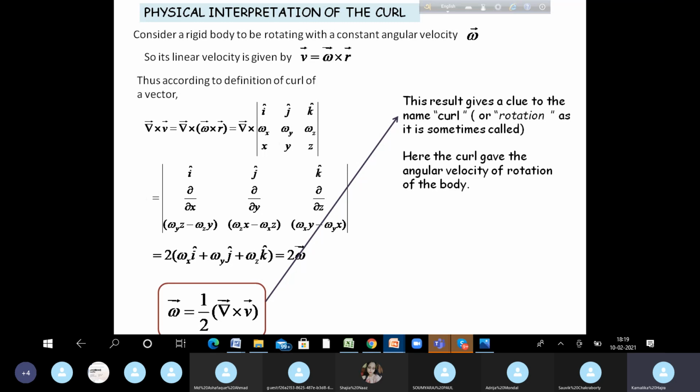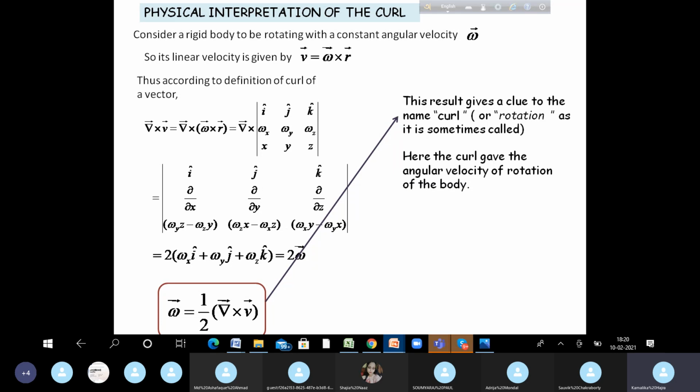And that essentially is the physical interpretation of the curl. It is related to the rotational motion of a body, and rotation is possible only if the linear velocity is a variable term.